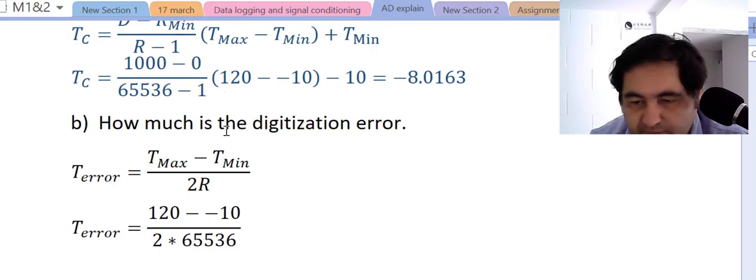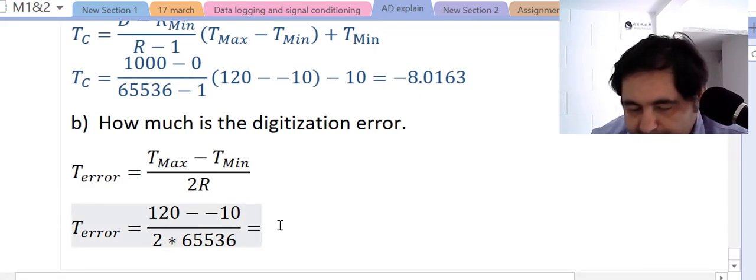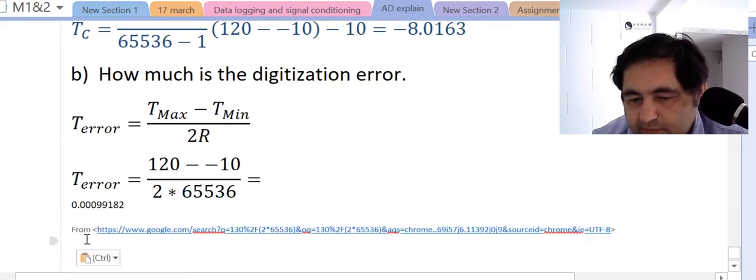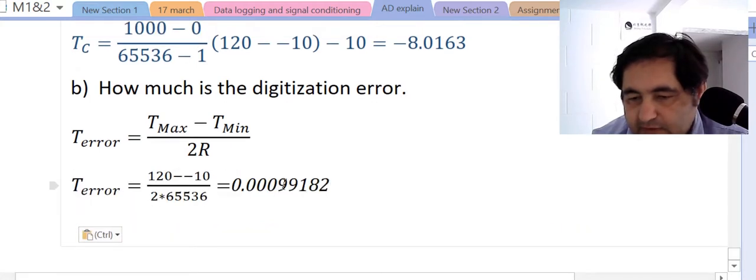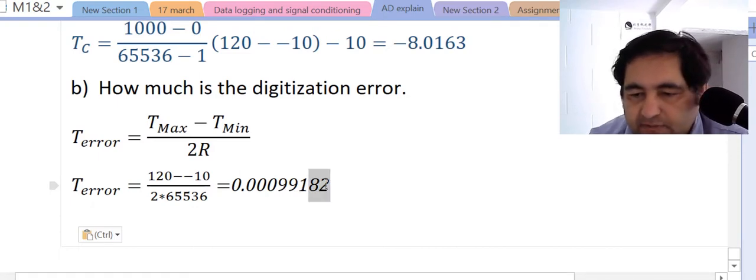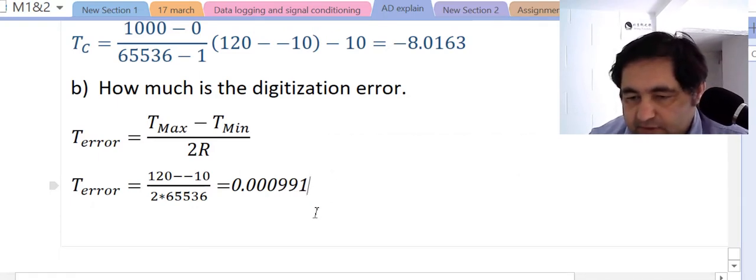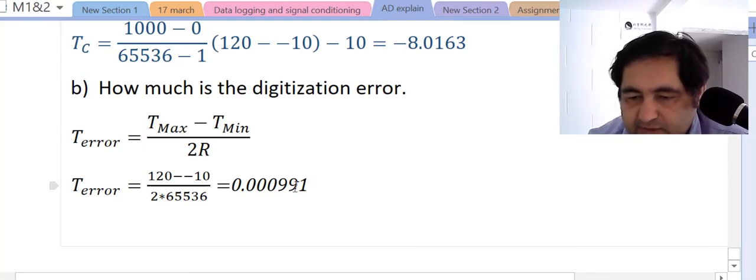Let me copy and paste it. This value that we have, obviously we know that this value is not voltage.